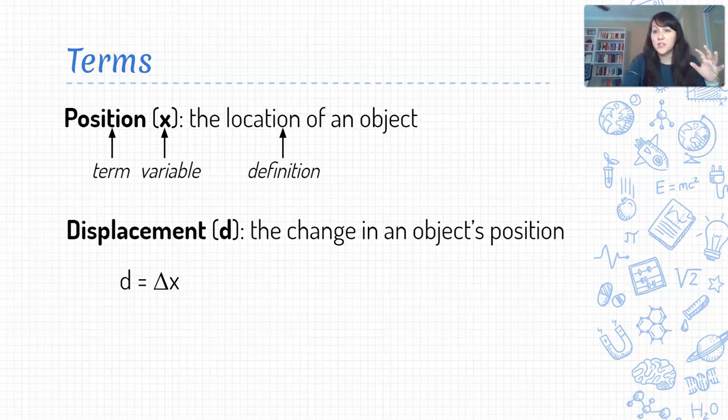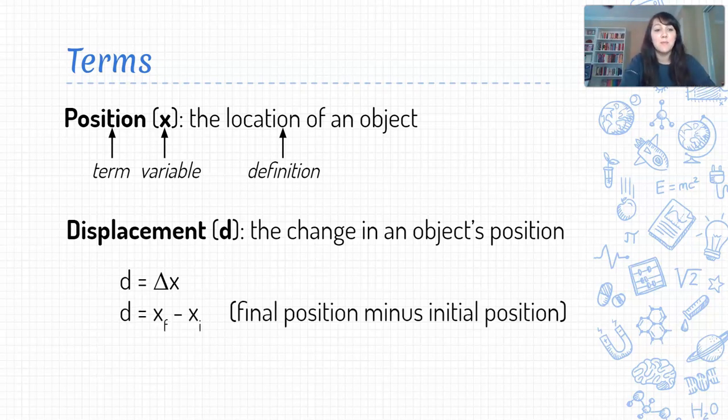Or if we want to further break that down and further unpack what exactly that means, we can write it this way. All right. Now, there are going to be times throughout this year when we're going to use little subscripts to further clarify some information about our variables, because sometimes our variables are changing or we're describing multiple objects, and so we need to be able to keep track of which measurement we are looking at. And so this is one example of that. So we've got d equals x with a subscript f minus x with a subscript i.